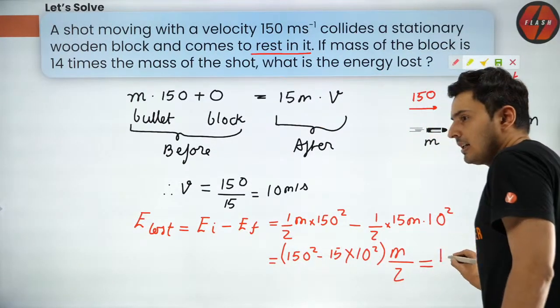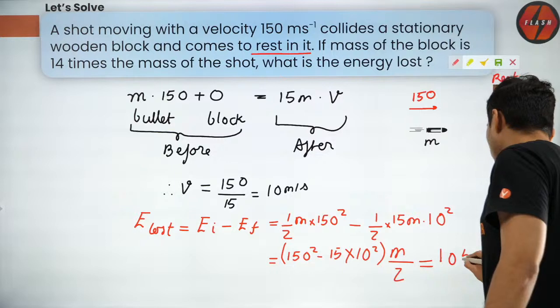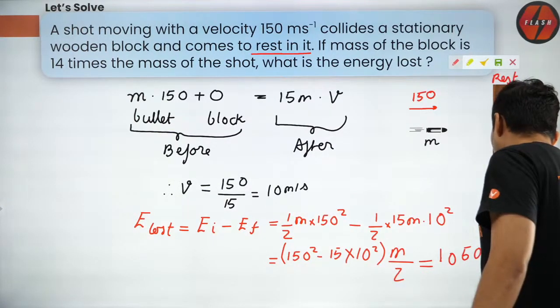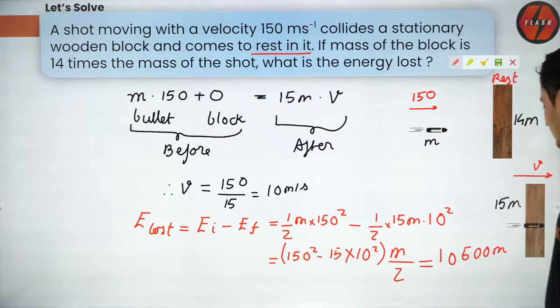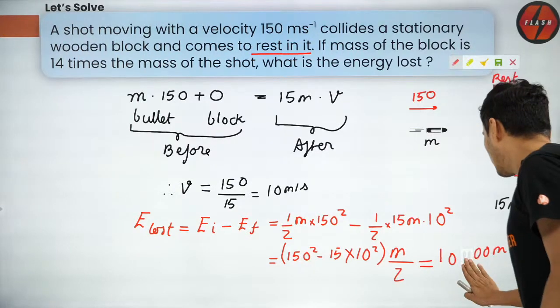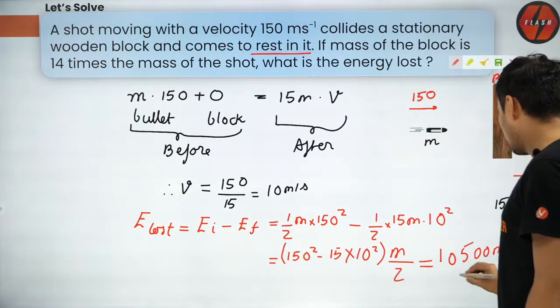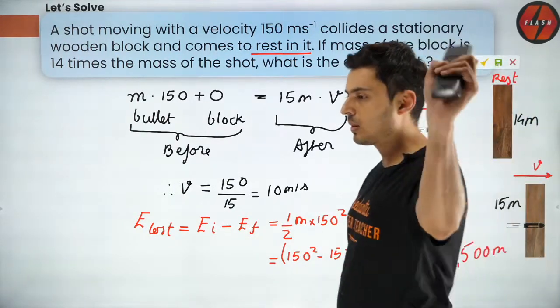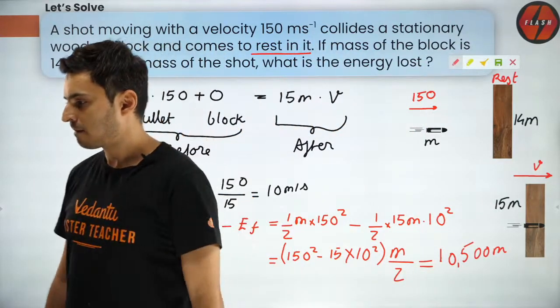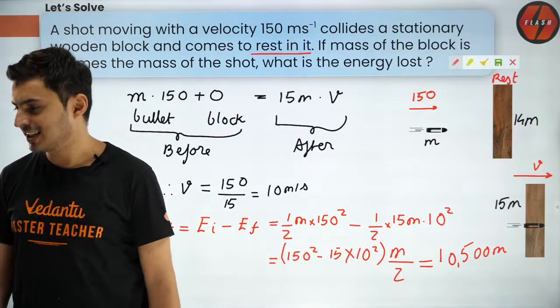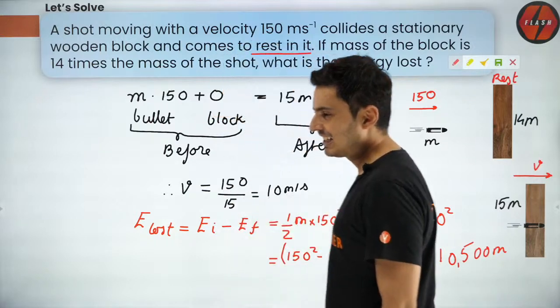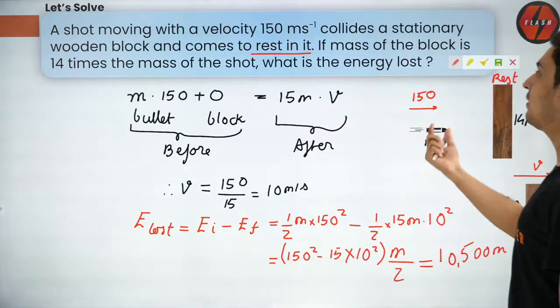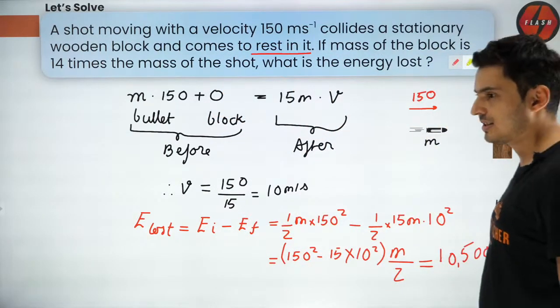Yes, it is 10,500 m. That is the answer. It's 10,500. Okay, this is 10,500 m joules. Very good, Janvi. Yes, for JEE you have to ignore. Yes, correct. This will be in joules, provided m is also in kgs.